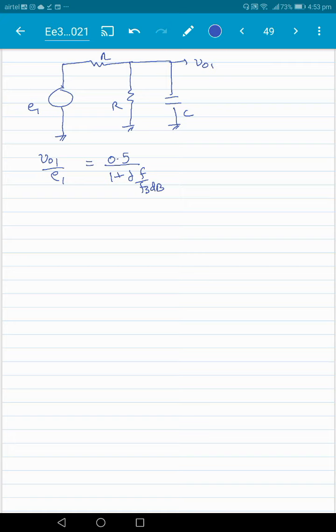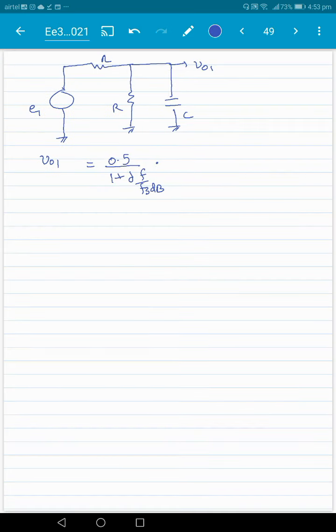Or V01 equals this multiplied by E1. And we can similarly show that V02, you can do the analysis with respect to the second noise source, is also equal to 1 plus j f by f3 dB times E2, and E2 and E1 are the same.